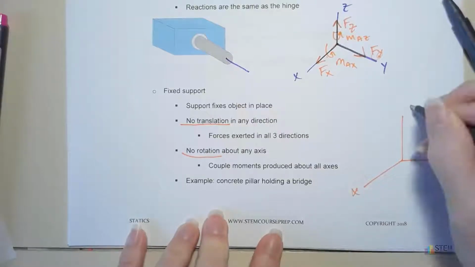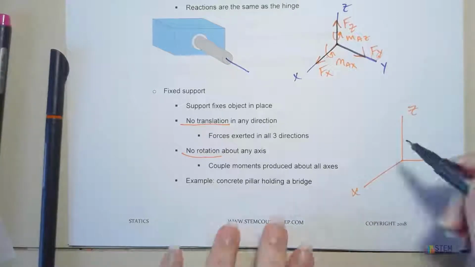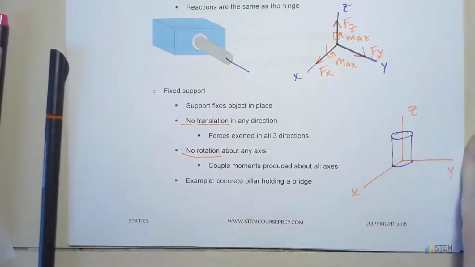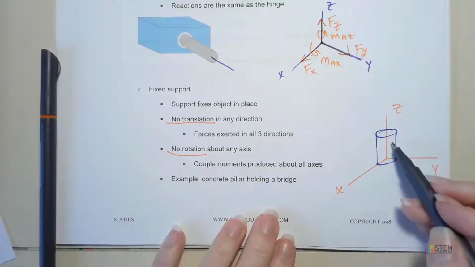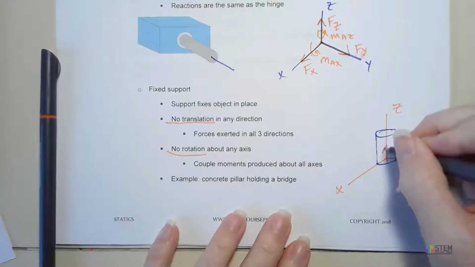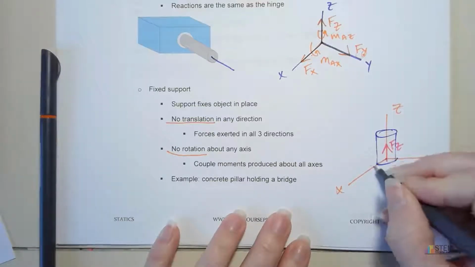So now for the free body diagram, if you were to draw that out, let's say this is our concrete pillar here, for example. Now think about what's going on here. We have a fixed support. We don't want this thing to move at all, right? So that means our fixed support is going to have to provide a force in each direction.